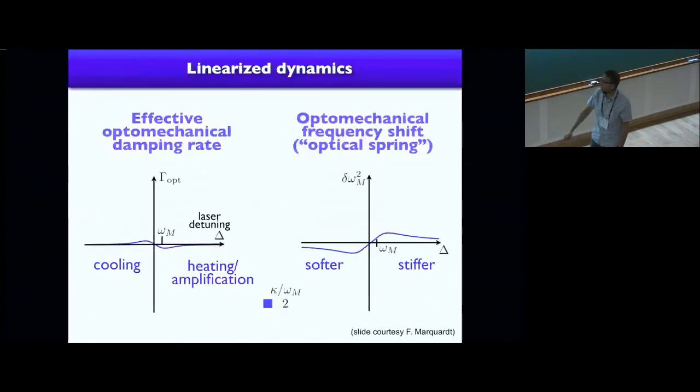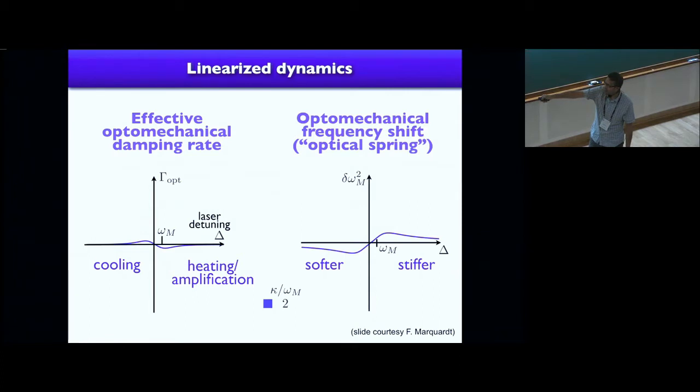So what does this look like? Here what I'm going to plot is the induced damping of the mechanics from the light, this optical damping, and this change in the spring constant from the light, as a function of the detuning of the laser. And again, a negative delta means a red detuning. You're driving the cavity with the laser frequency below the cavity frequency. If you start with the kappa of the cavity being much bigger than the mechanical frequency, you see rather broad features here.